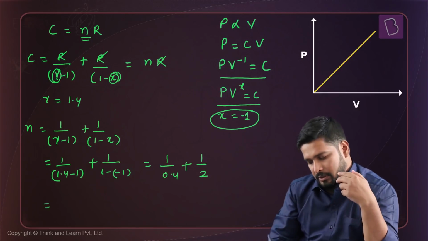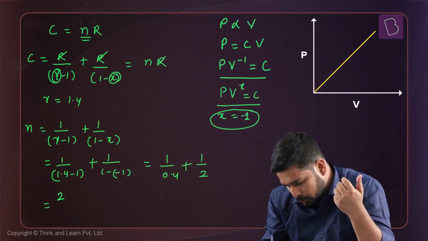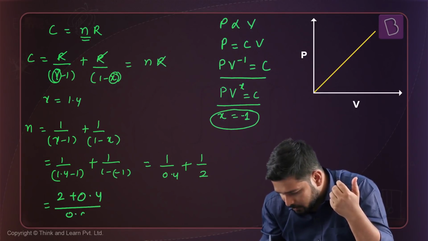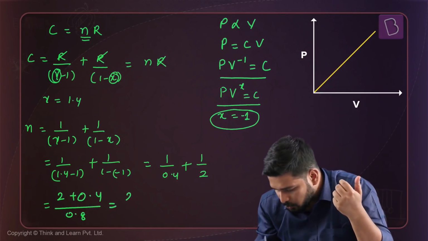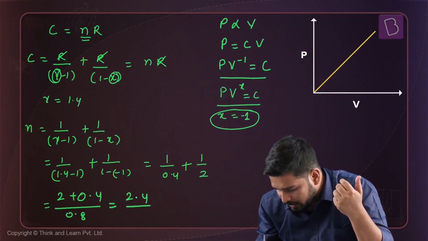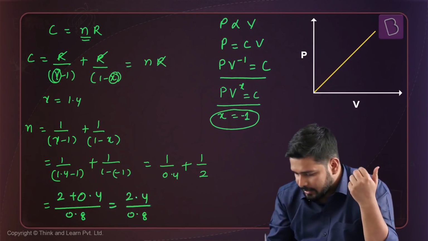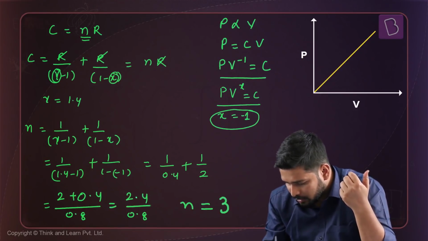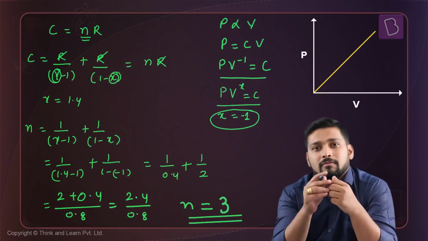And that's equal to 2 plus 0.4 divided by 0.8. So that's 2.4 by 0.8, and that is equal to 3. So my value of n finally equals 3.